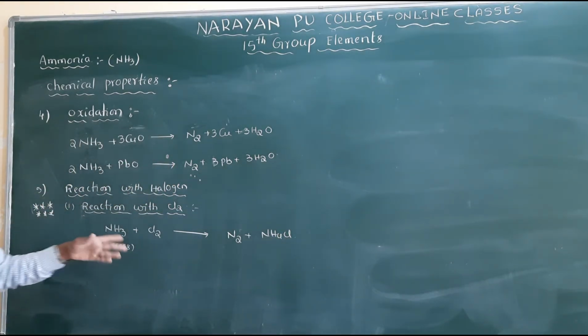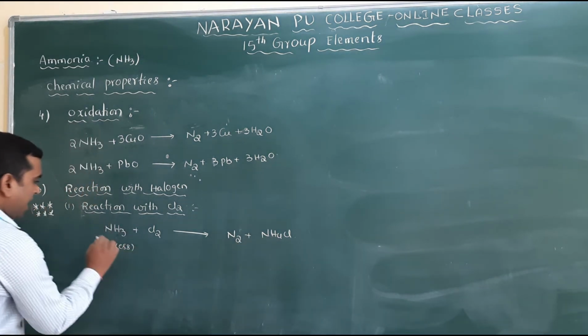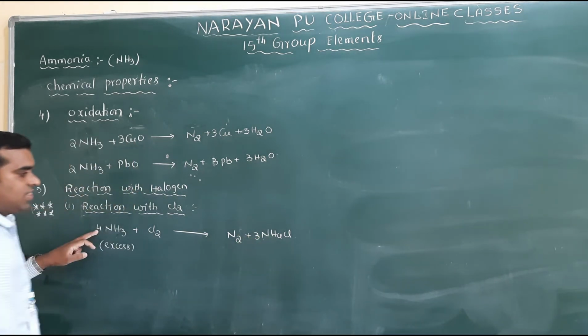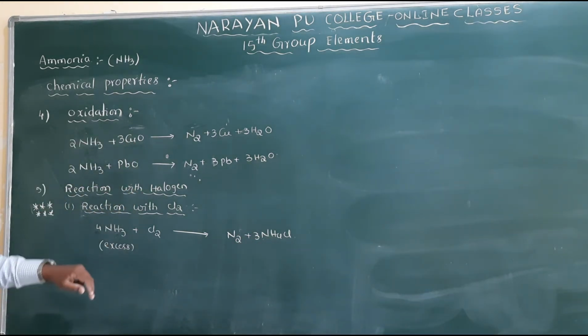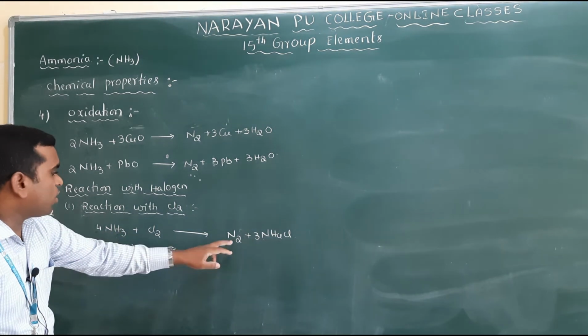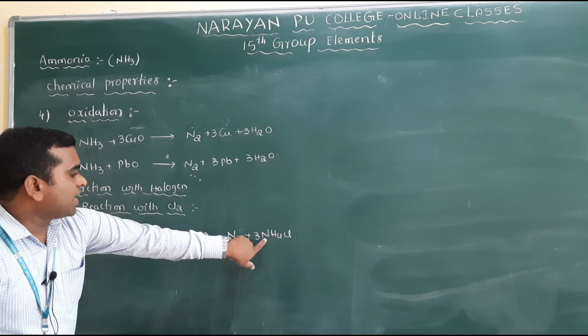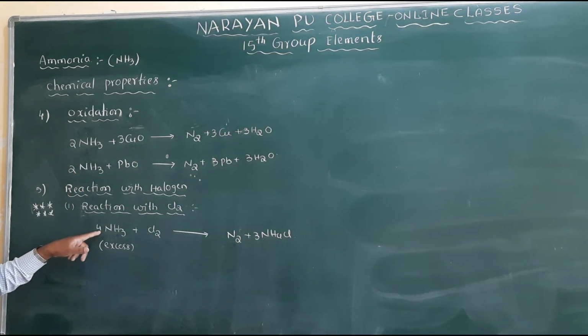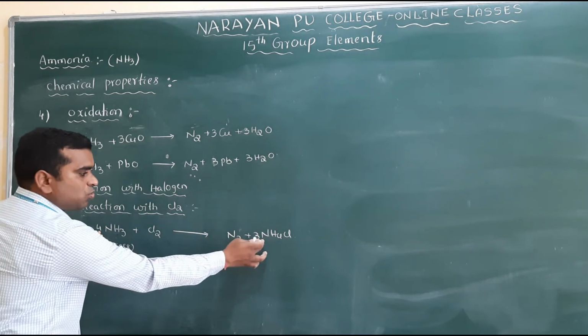Clear? So you have to balance this. How many hydrogens are there here? 3, and here 4. I will multiply this one with the 4 and this one with the 3. Then nitrogens are not balanced: nitrogen 2 here and nitrogens 3, total 5 nitrogens, here 4. So I will make this one even number.